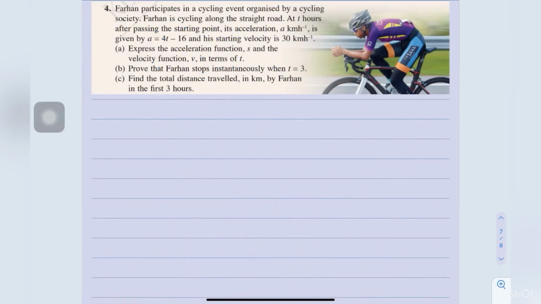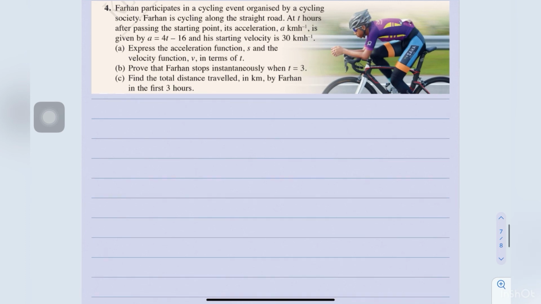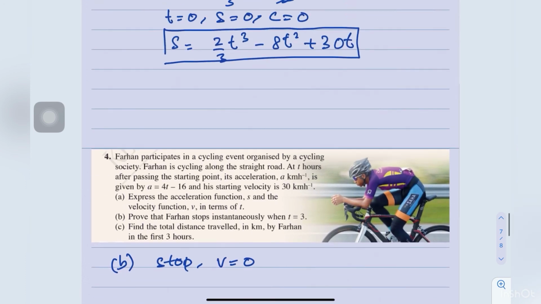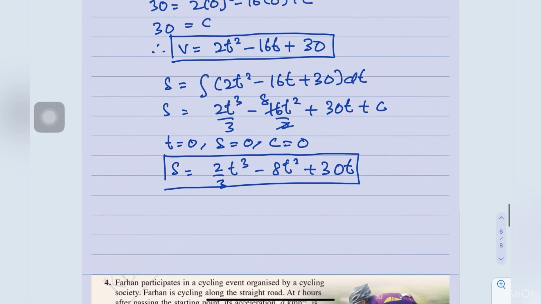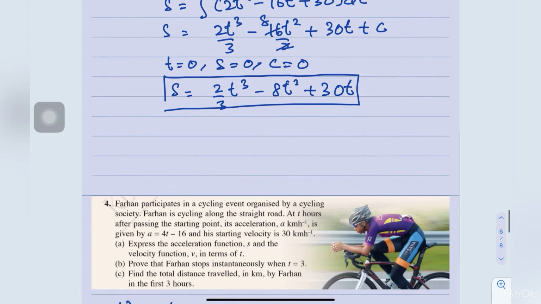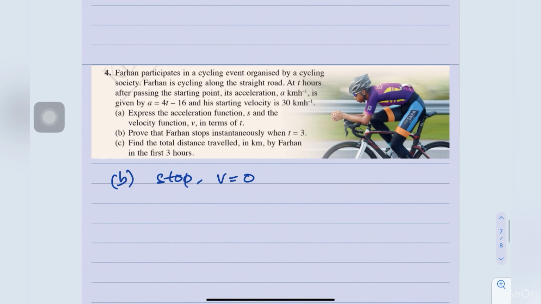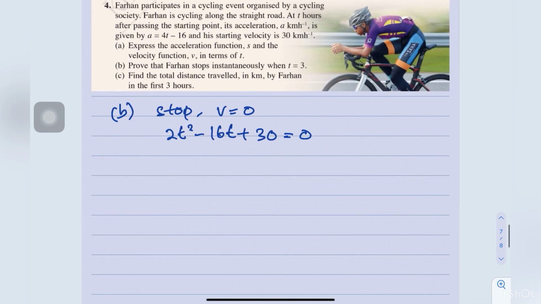Question B, prove that Farhan stopped instantaneously when t equals 3. Stop means v equals 0. From question A, v is 2t squared minus 16t plus 30. When v equals 0, 2t squared minus 16t plus 30 equals 0, which is a quadratic, so we factorize.